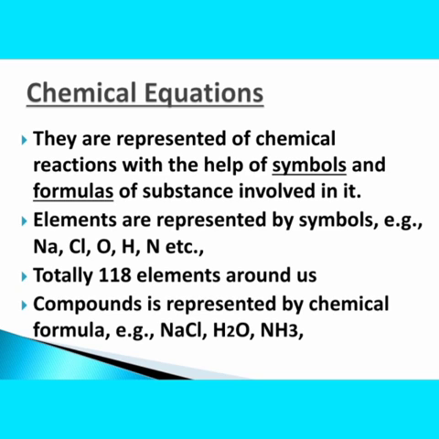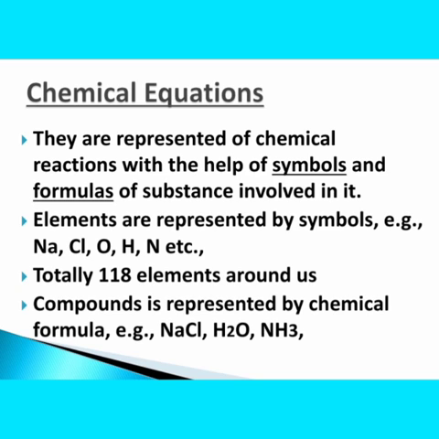Compounds are represented by chemical formulas. Elements are always represented by symbols, whereas in compounds, different atoms constitute to form a compound in a chemical reaction, right? So a compound is represented by a chemical formula. For example, NaCl.